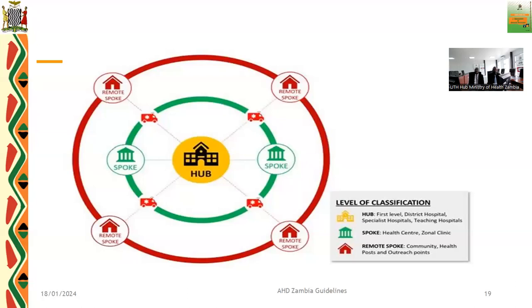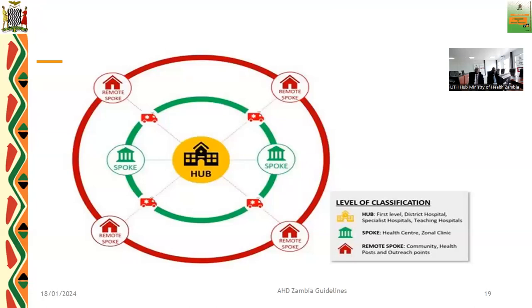So really our strategy is the hub and spoke model. This is what we want to use. Like I've said, each district should have a hub and spoke. Preferably it will be a district hospital. I'll refer to a district I'm familiar with, like Petauke, where I spent some time working. So Petauke District Hospital can be a hub, providing services of a hub.